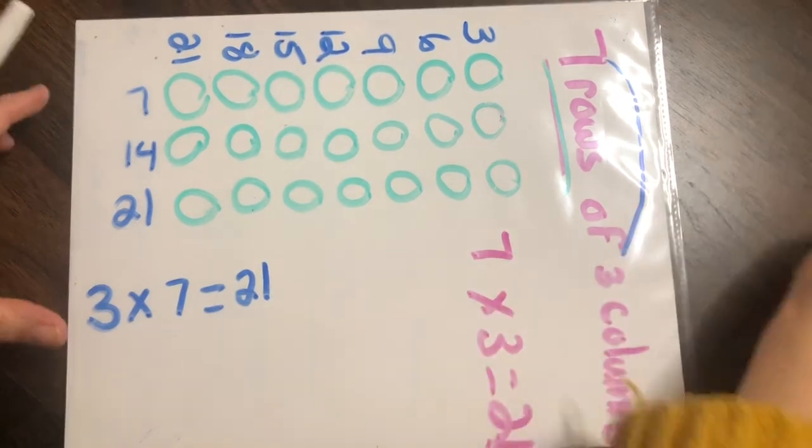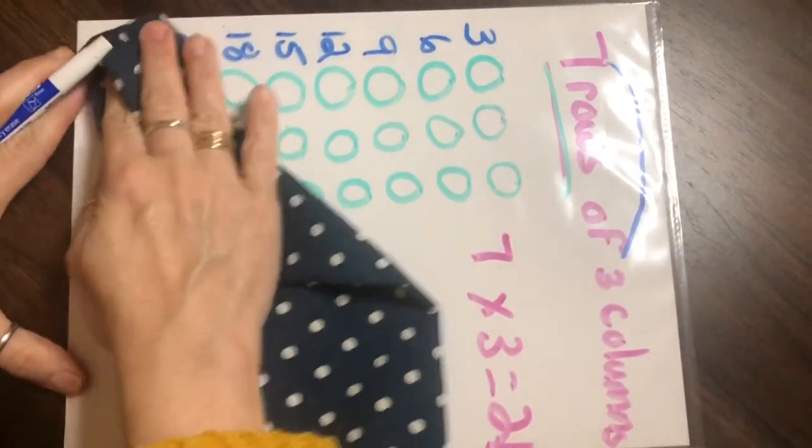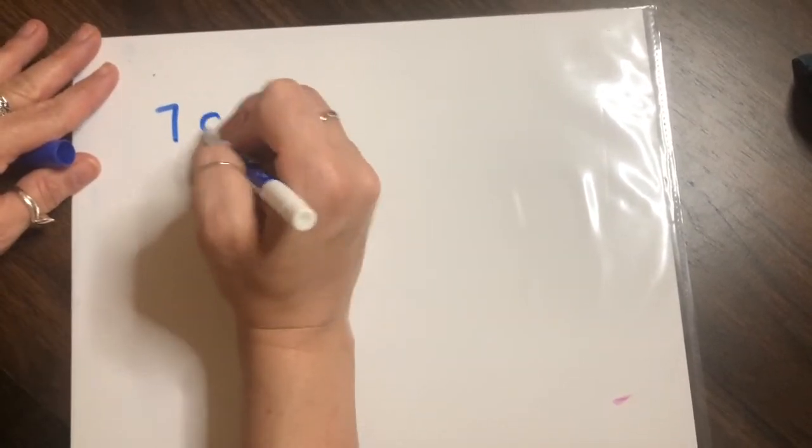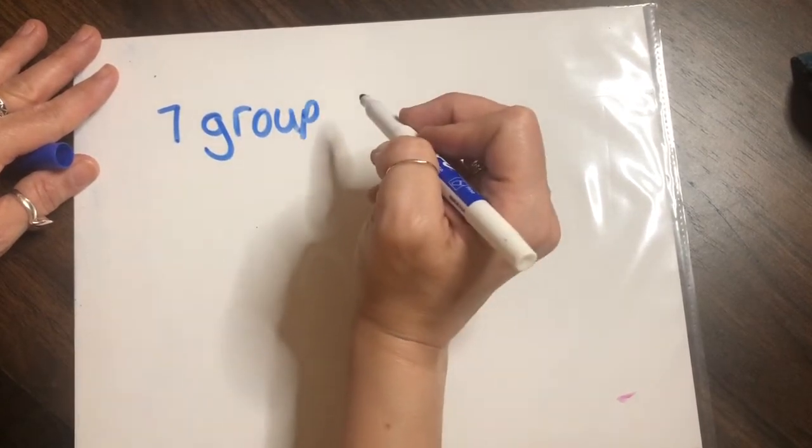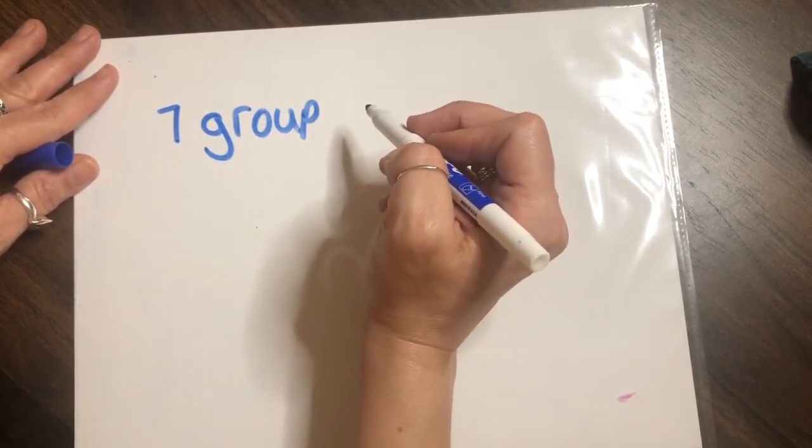Okay, another way we can think of this, instead of rows and columns, we can think of it the way I say it when I'm writing a multiplication sentence. 7 groups of 3.